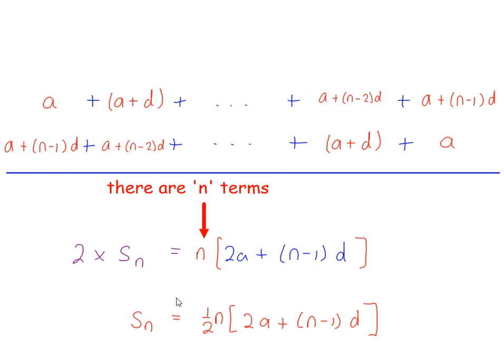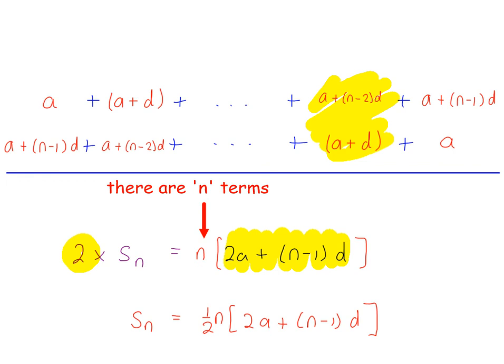So the sum of any one of these pairs, like this, is here, but because there are n lots of this sum, we multiply by n, and then finally, to work out the sum of n terms, we need to divide by this 2, so that's where the half comes from, dividing both sides by 2.